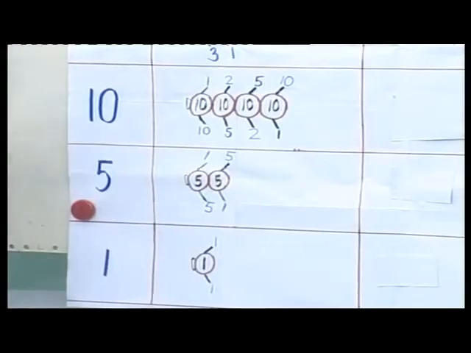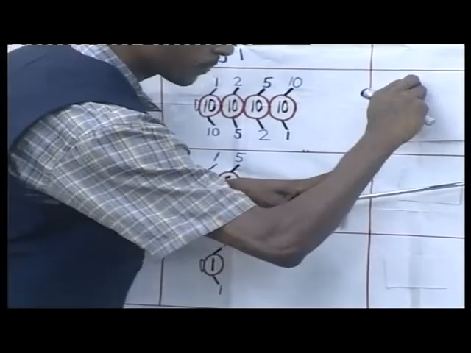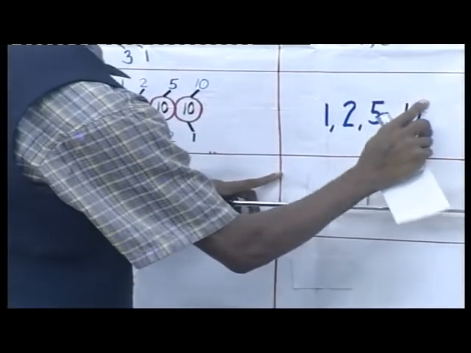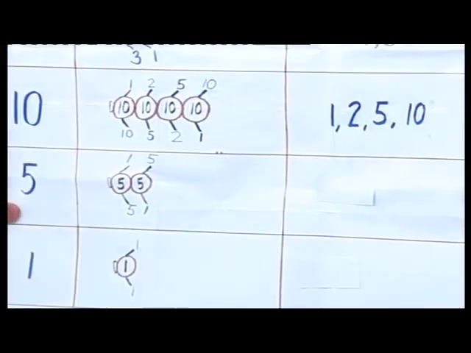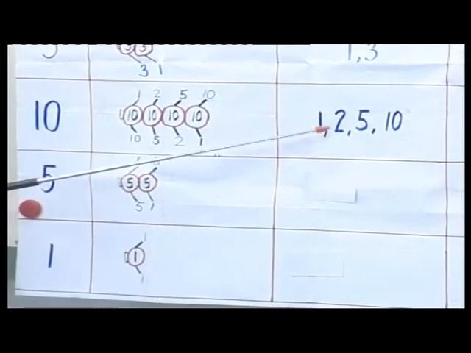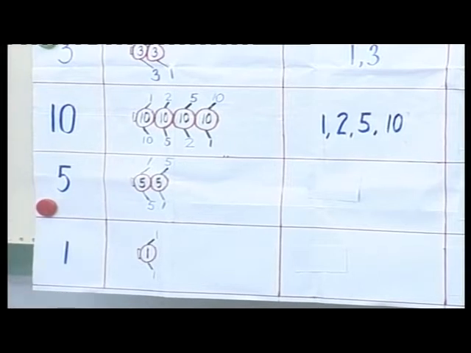1, 2, 5, 10. Very good. So students, the factors of 10 are 1, 2, 5, and 10. Now, what about 5?